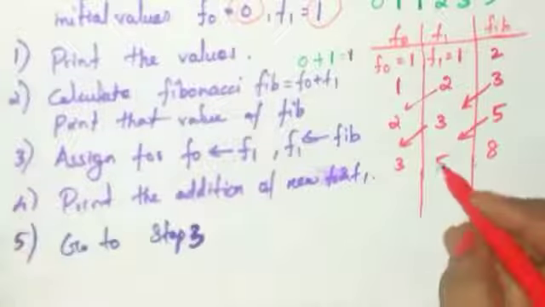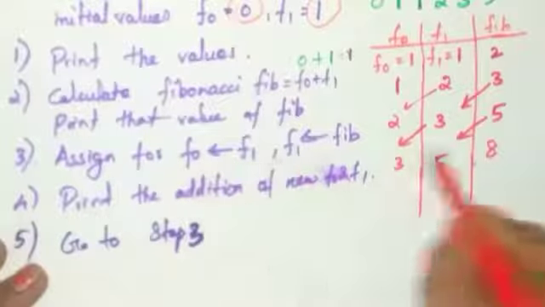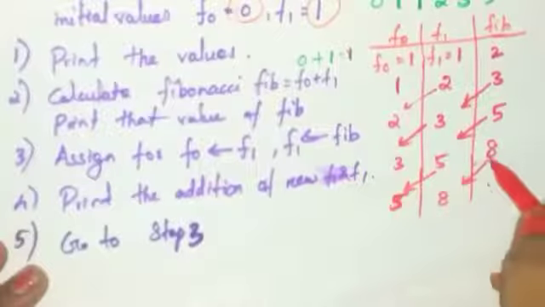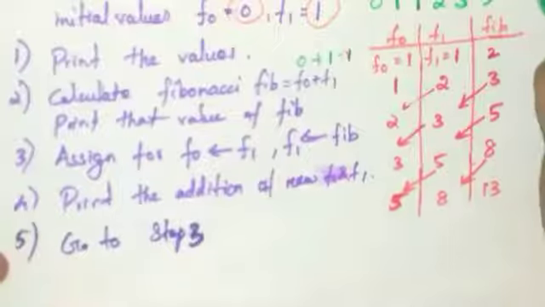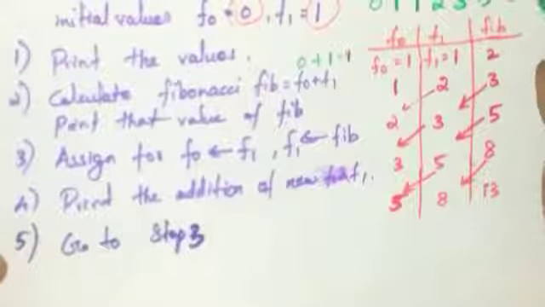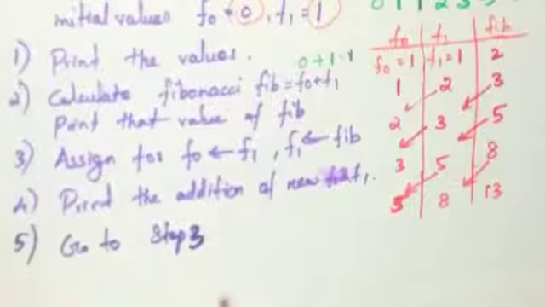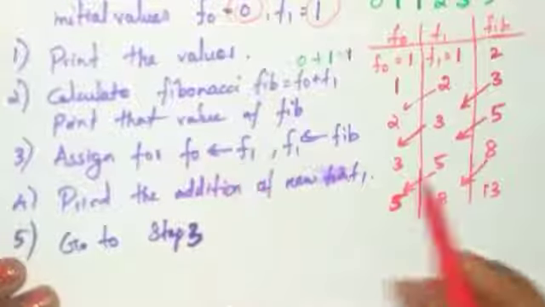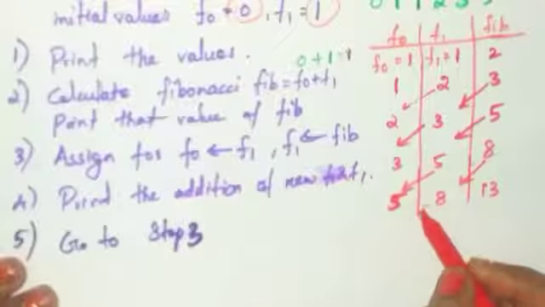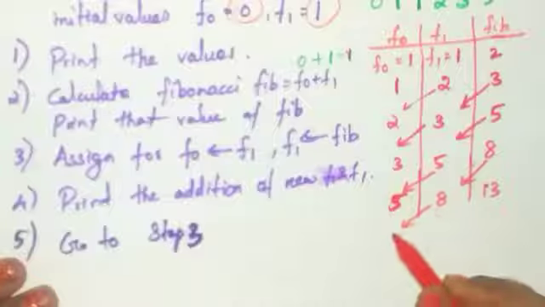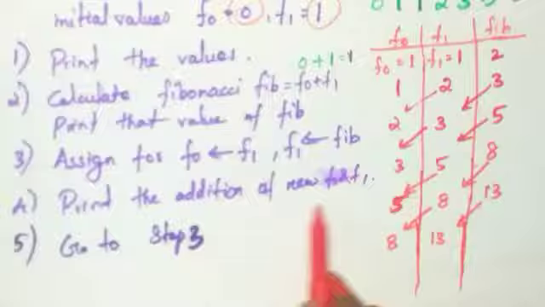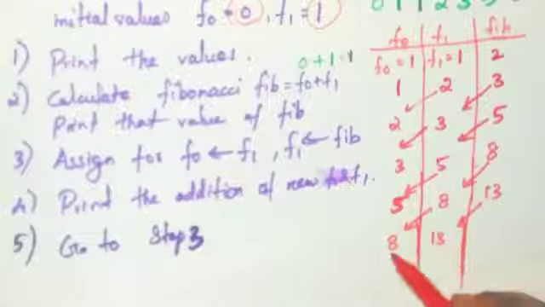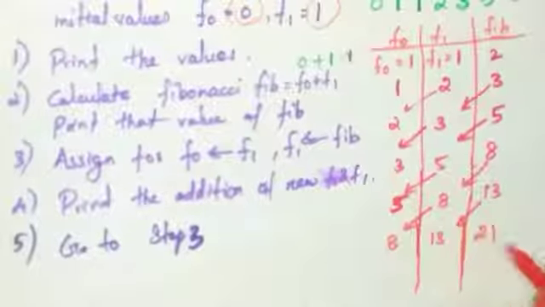Next again go to step 3. Here 5, this is 8. 8 plus 5, 13. So this is the next value, 13. Next again go to step 3. Assign this F1 value to F0, 8. Assign this fib value to F1. Again print the addition of new F0 and F1. 8 plus 13, 21.